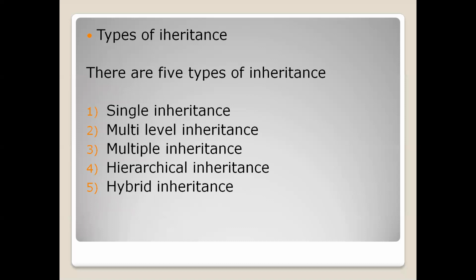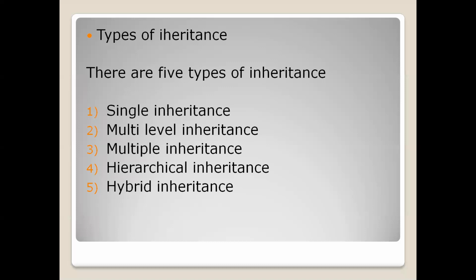These are the types of inheritances. Achieving the properties of one class in another class without rewriting is called inheritance. This can be done in 5 different ways. Those are the 5 types of inheritance. The following are the names of the 5 types of inheritance.